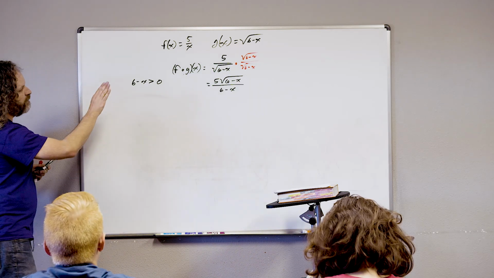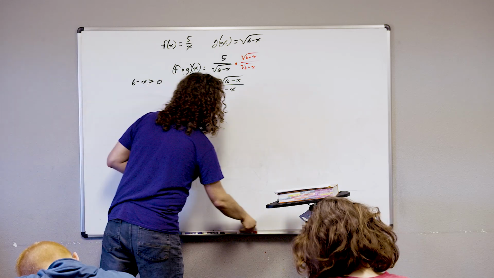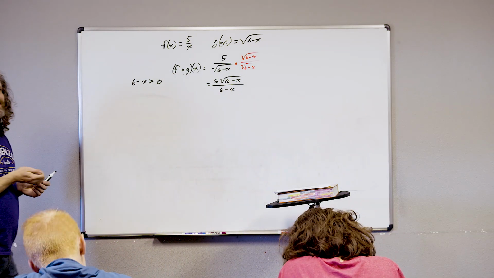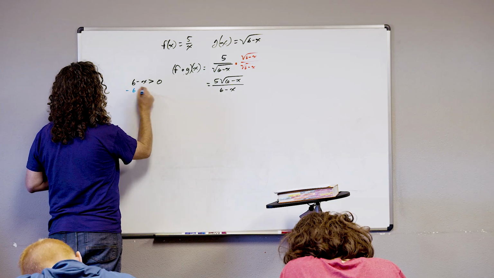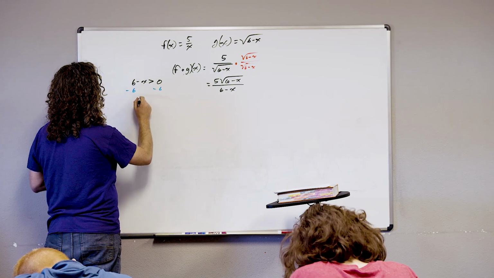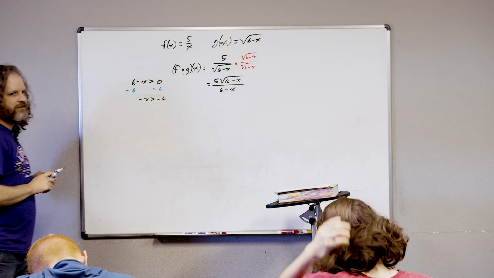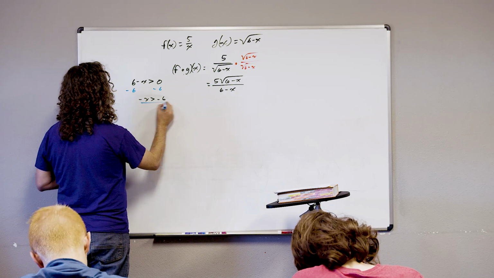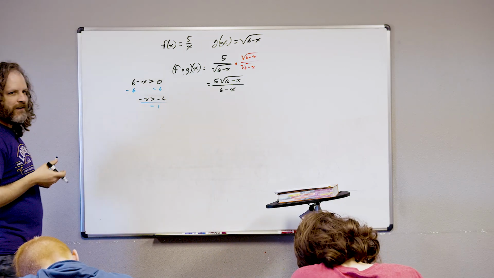So now we just need to solve for x. What should we do? Add 6 to both sides. True? No, not true enough. Stop, go back. Subtract 6 from both sides, so we get negative x is greater than negative 6. Now what do we need to do? Divide the whole thing by negative 1. And when we divide an inequality by a negative, what happens?